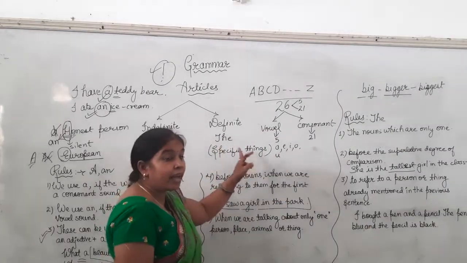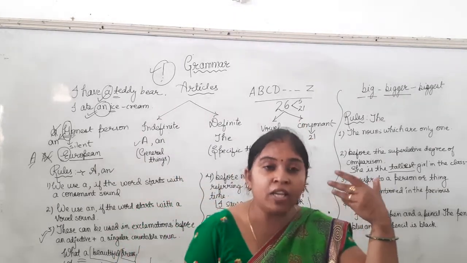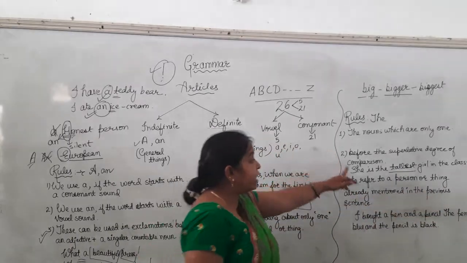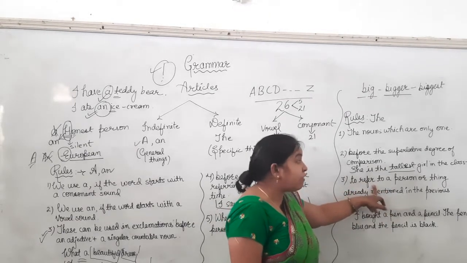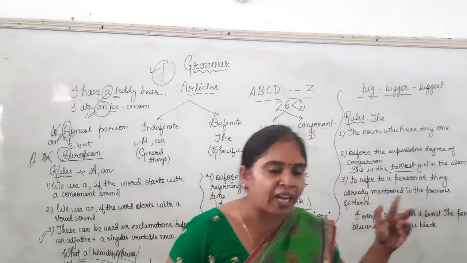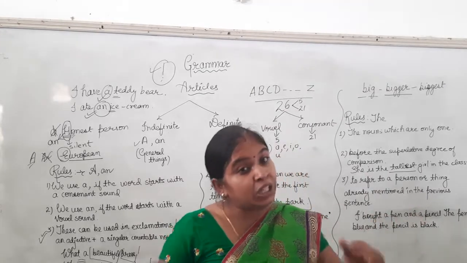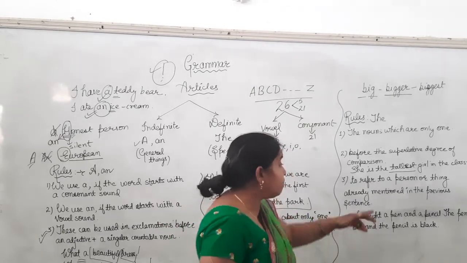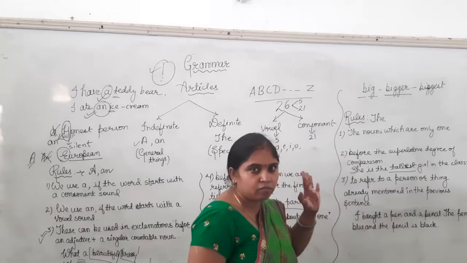"A" or "an" as per the sound. But when we use the word again in the paragraph, which article will come? The article "the". To refer to a person or thing already mentioned in the previous sentence. So when we continue with the same lines and talk about the same person or thing, that time we use the article "the".